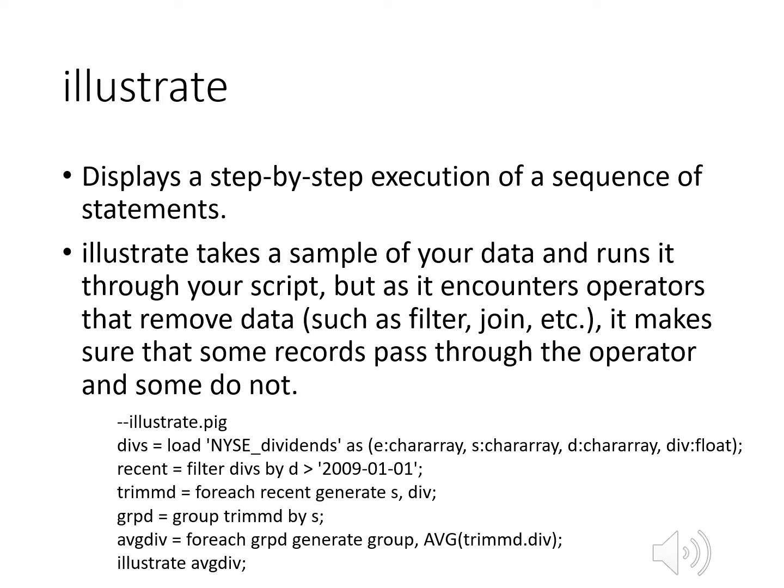Illustrate takes a sample of the data and runs it through the script. But when it encounters operators that remove data, such as filter, join, etc., it will make sure some records can pass that operator and some do not.